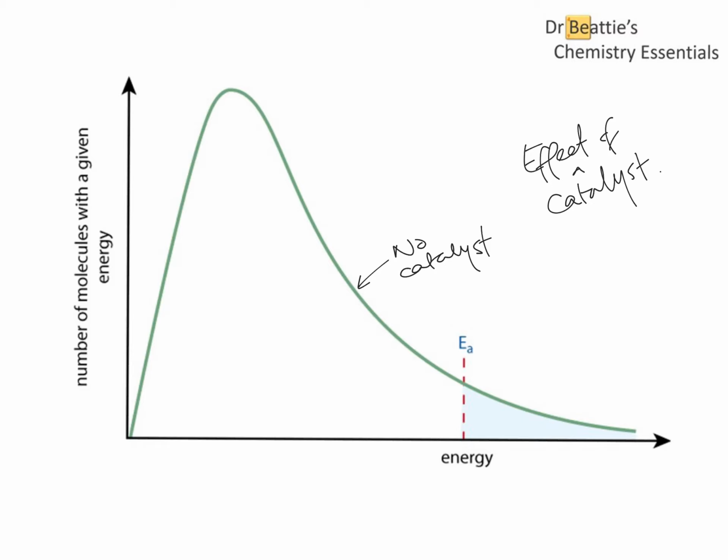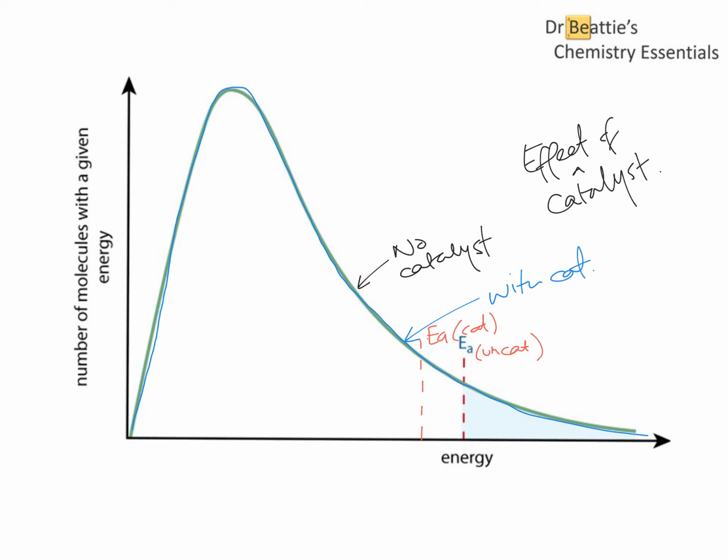Okay, if you drew this distribution curve, then you've got the correct answer. So you'll notice the curve is exactly the same. However, one thing that you should have added is a line to designate the activation energy, and we're going to call this EA cat for catalyzed, and EA uncat we can relabel the original as uncatalyzed.